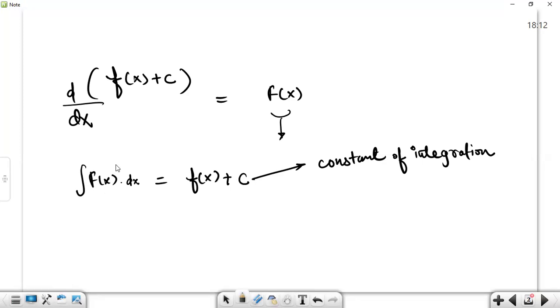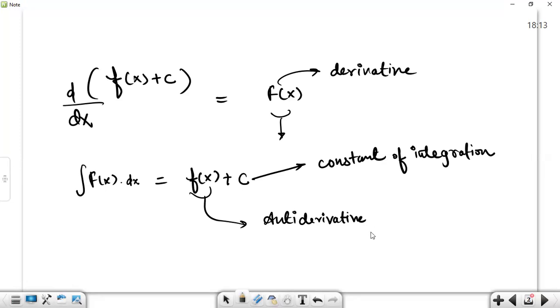This is known as the derivative. And if we have integrated, the function which comes out is known as the antiderivative, or we can also call it a primitive.